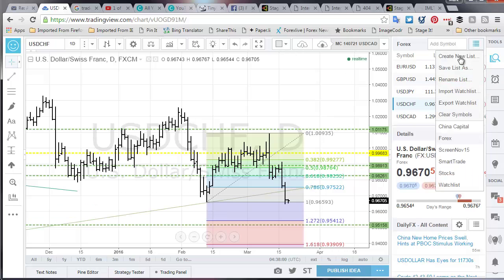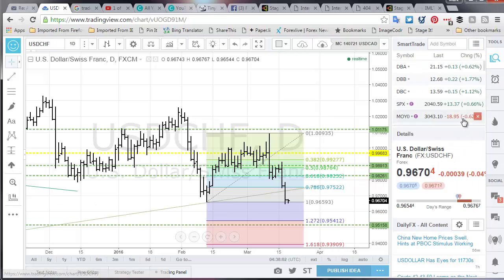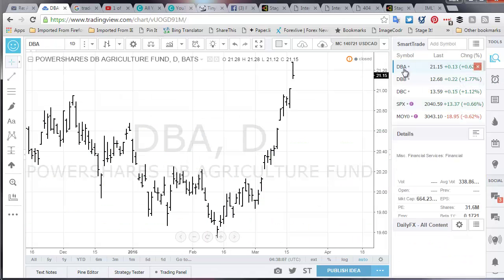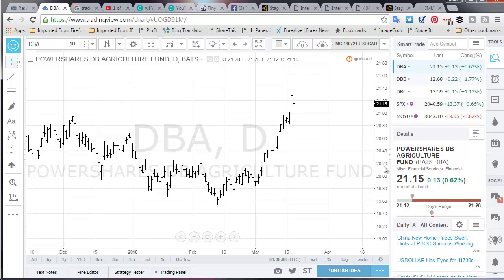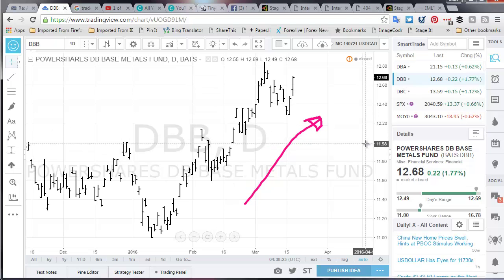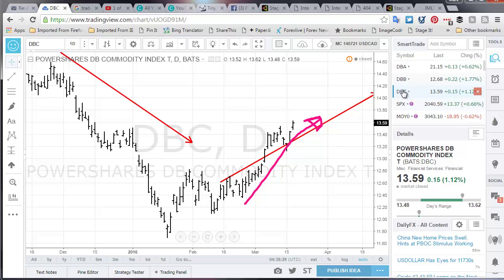Now I'm going to just look at one or two other market opportunities just to see what's actually been happening. This is not a unique situation. Here we have a fund that tracks agricultural produce, base metals, energy.